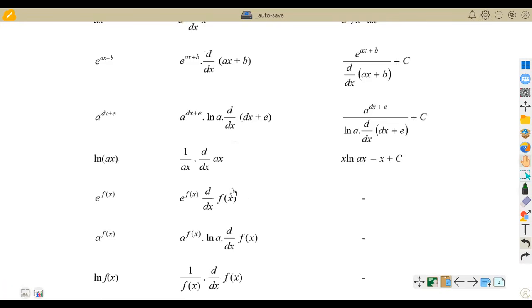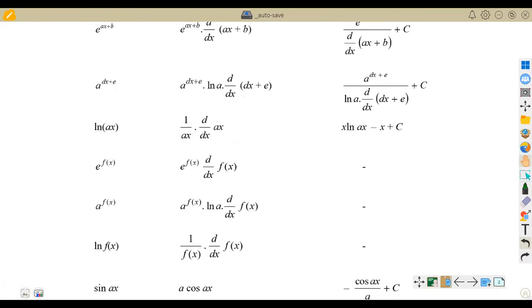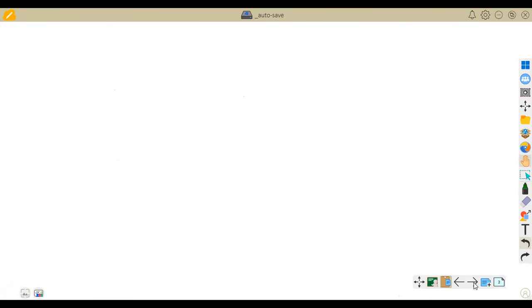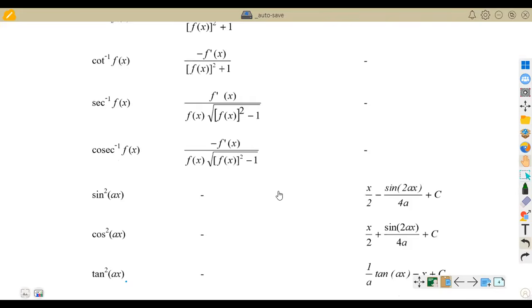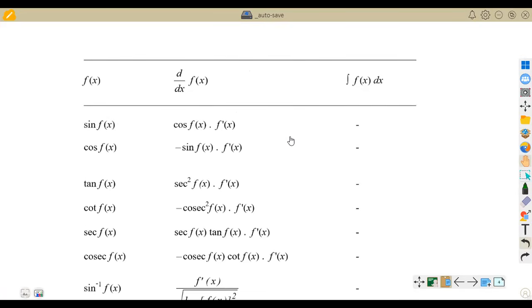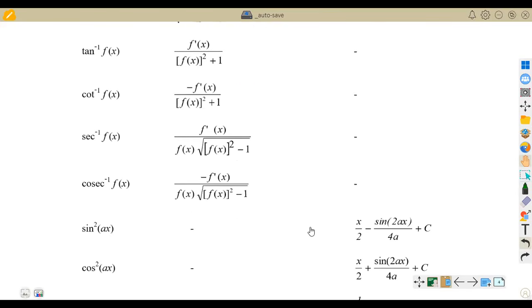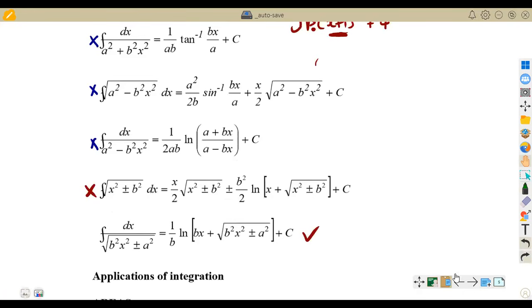I think I left out the page when I was inserting the formula sheet. Yeah, the arc is here. Sorry, these are derivatives, not integrals. I left it, no problem. So let me write it down.